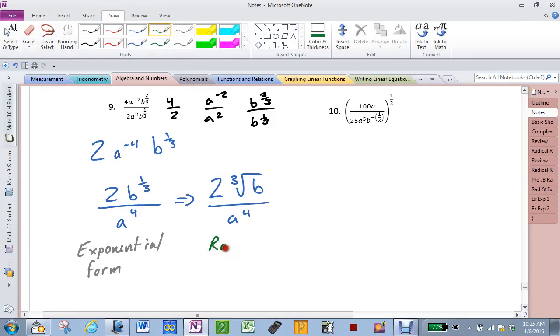This is radical form. Do not ask me which one I want to see, because they are equally valid. The only time I would care is if I put in the instructions which way to write it. Do you understand me? Don't ask me which one, because the only time it would matter is if the instructions told you which one to do.